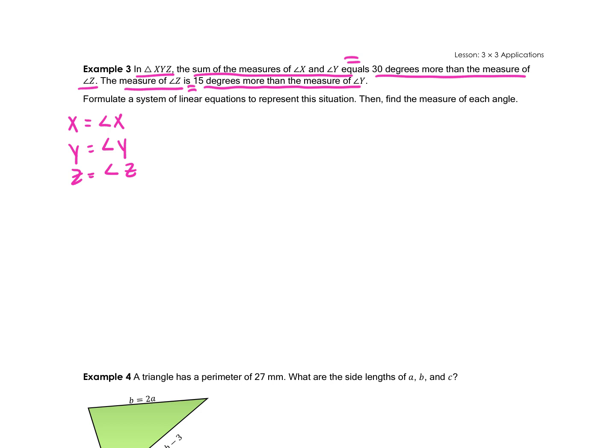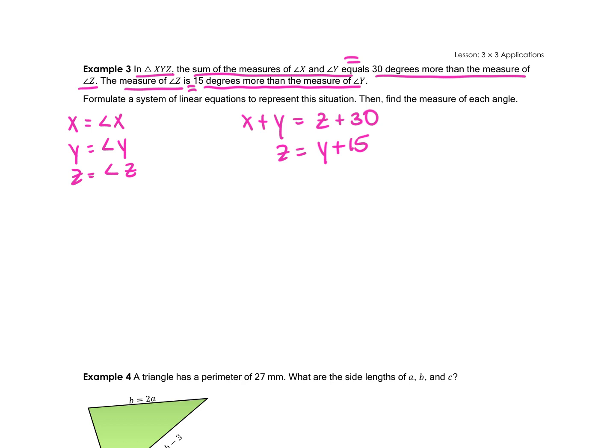So the very first sentence says the sum of angle X and Y equals 30 degrees more than the measure of Z. So I could put Z plus 30 or 30 plus Z. Same thing. The second sentence says the measure of angle Z is, which means equals, 15 degrees more than the measure of Y. So we could put Y plus 15, or 15 plus Y. Same thing.